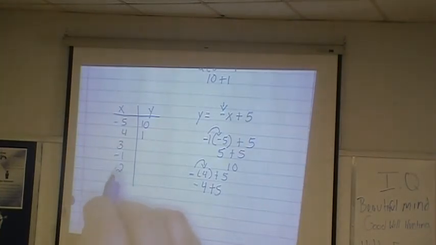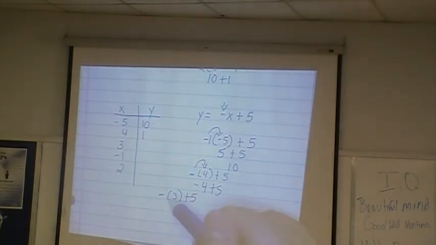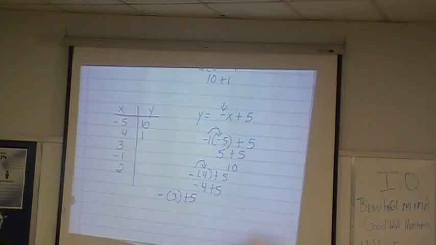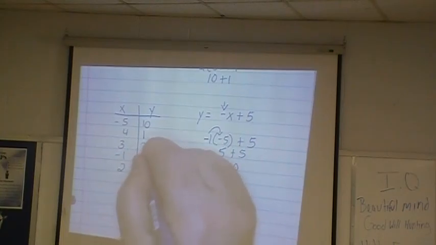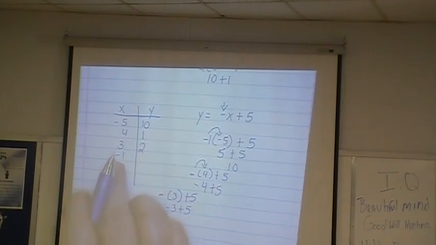So it says, all right, now we're going to put 3. Well, I have a negative over here. In parentheses, I'm going to put a 3. So I say negative 1 times 3 gives me what? And negative 3 plus 5 gives me what? 2. Positive 2. Okay, now we're going to put in a negative 1.